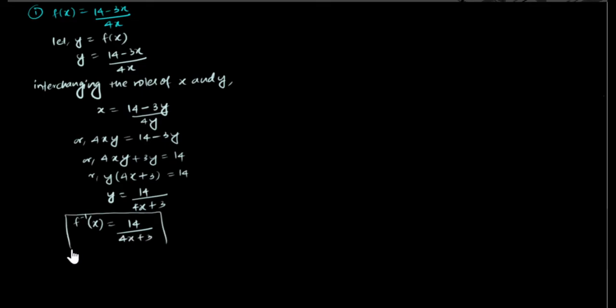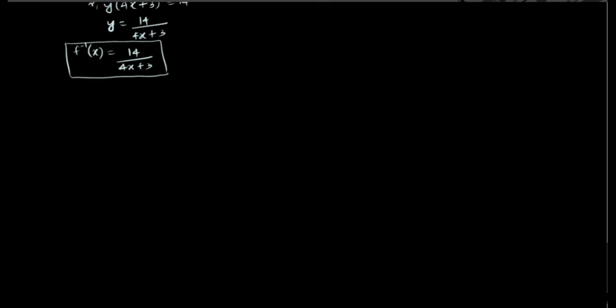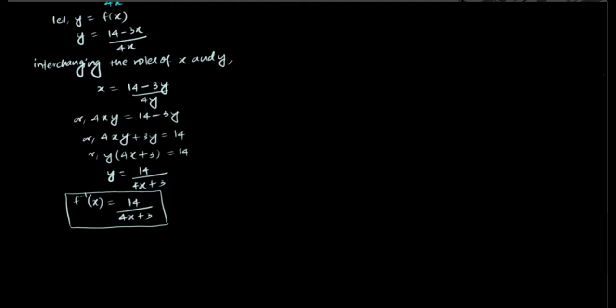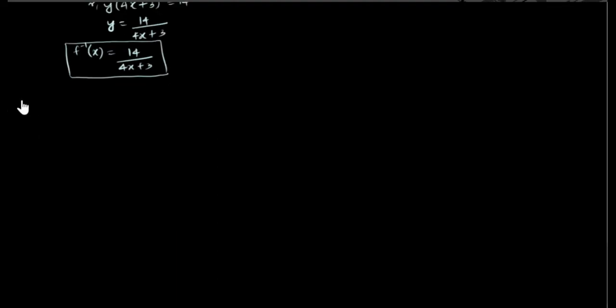So we need to use this value to find the value of x. Since f inverse x is given as 2, let me replace the value here. 14 divided by 4x plus 3 equals 2.